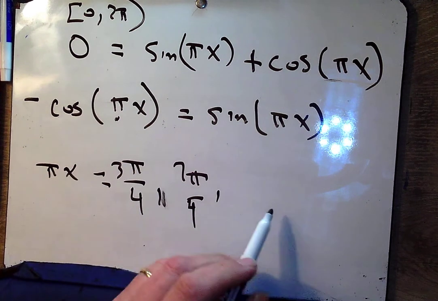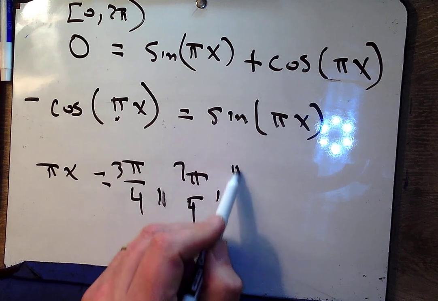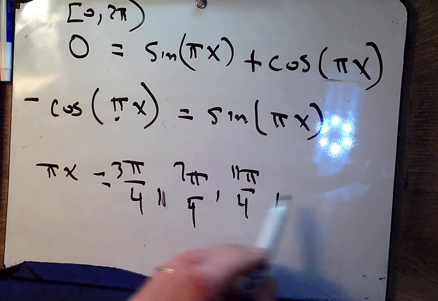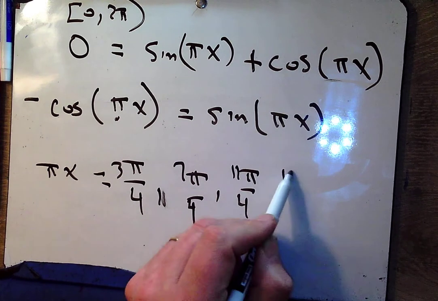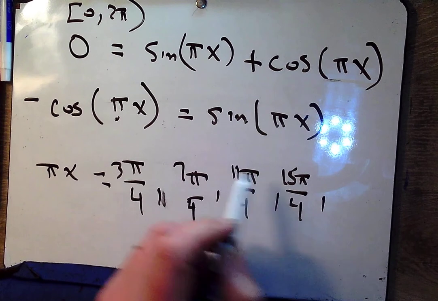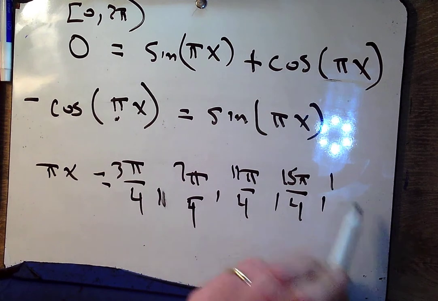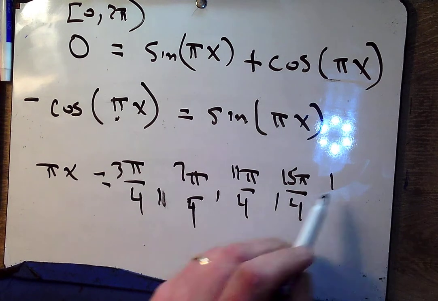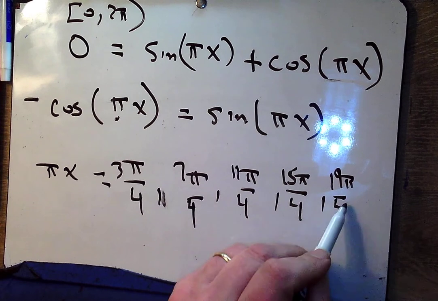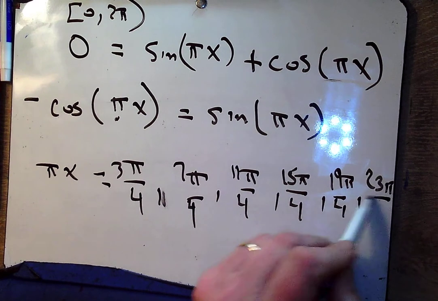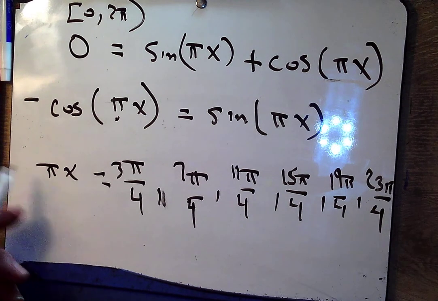All right, so I'm going to have 11 pi over 4, 15 pi over 4, 19 pi over 4, and 23 pi over 4. And divide everywhere by pi.